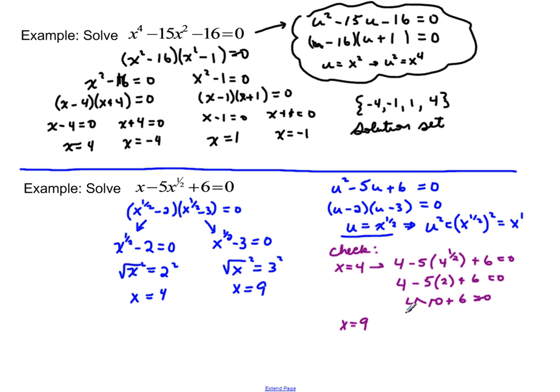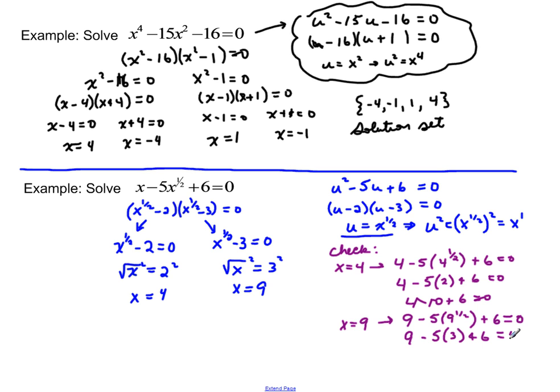Now about x equals 9. Once more, substituting this in, we should get 9 minus 5 times 9 to the 1/2 power plus 6 should equal 0. If we've done our job correctly right here, this is 9 minus 5 times 3, the square root of 9, plus 6.